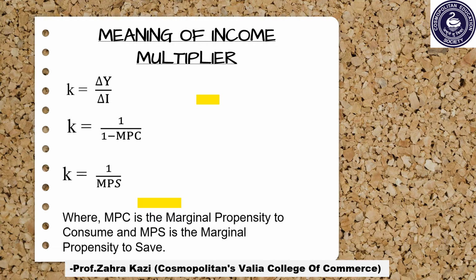Always remember, students, multiplier is always inversely related to MPS. In other words, multiplier is the reciprocal of MPS, which is always equal to 1 minus MPC. Therefore, we get the formula K is equal to 1 upon MPS. MPS is marginal propensity to save.